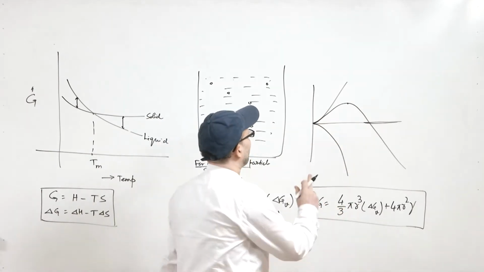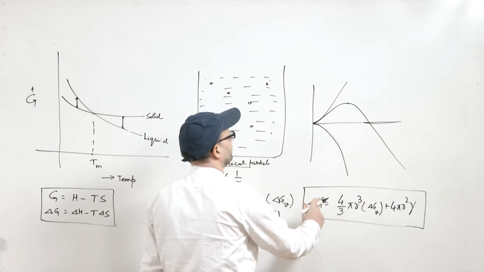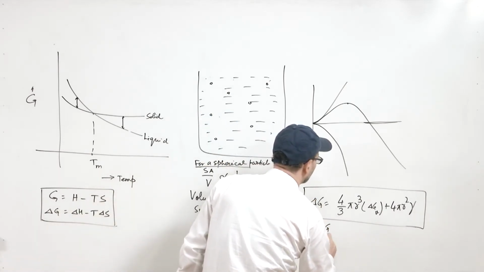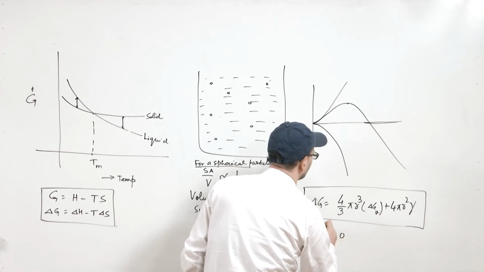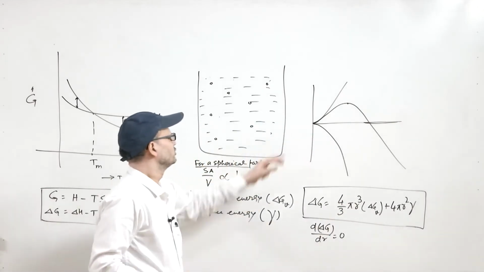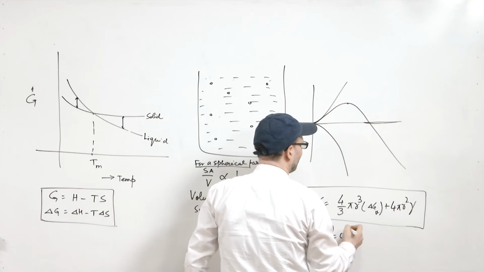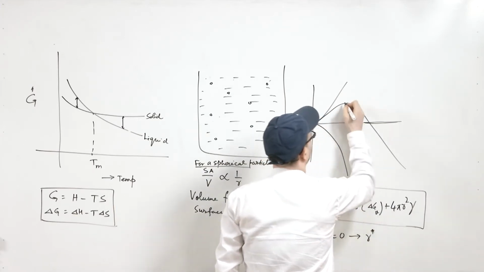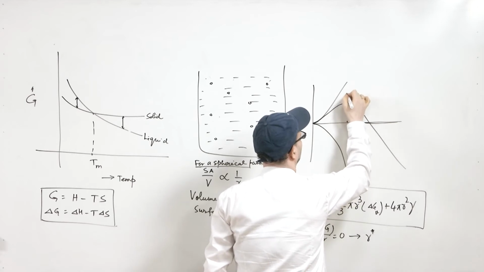So for that, normally we differentiate this with respect to r, and this way we will get r star. So, this is the r star.